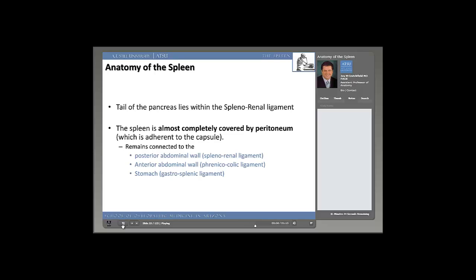Interestingly, because of the way the spleen forms, and it's covered entirely by peritoneum, one could argue that the spleen is actually retroperitoneal but intra-abdominal. However, we usually consider it as an intraperitoneal organ.